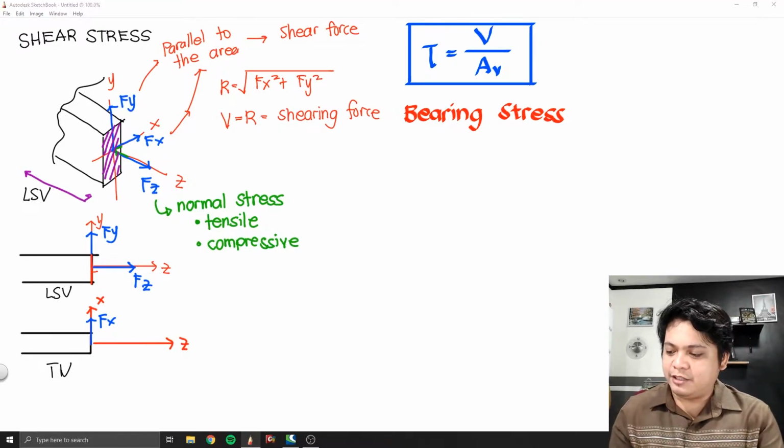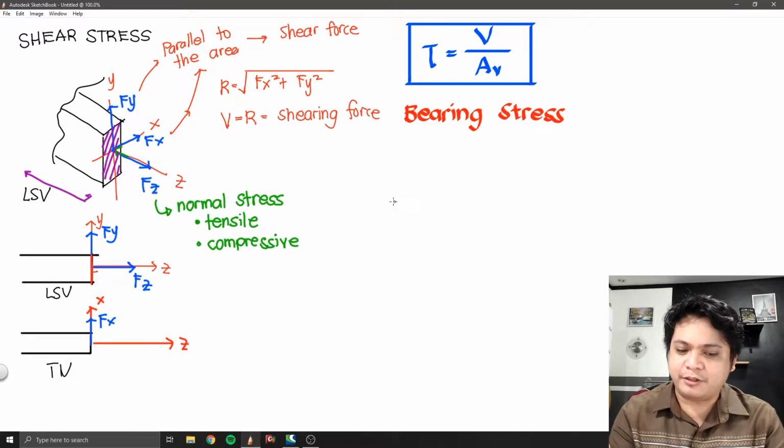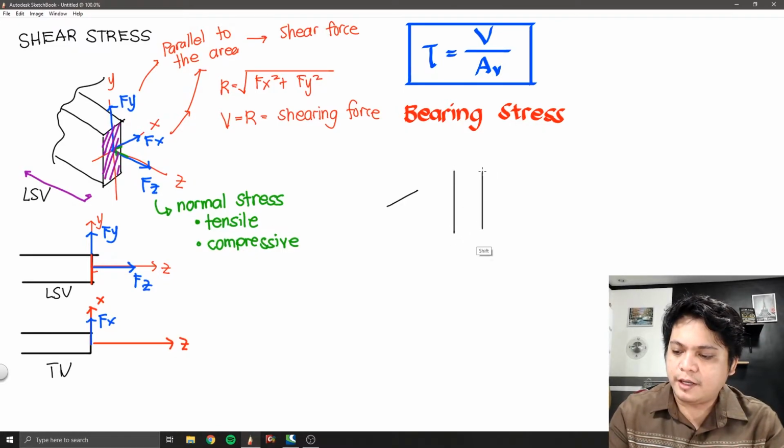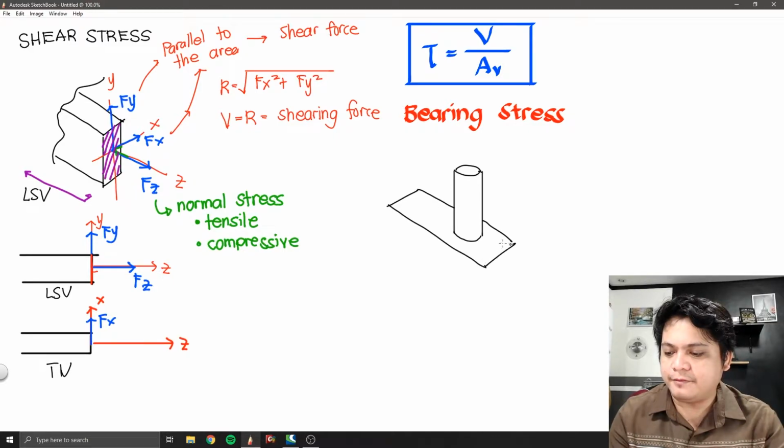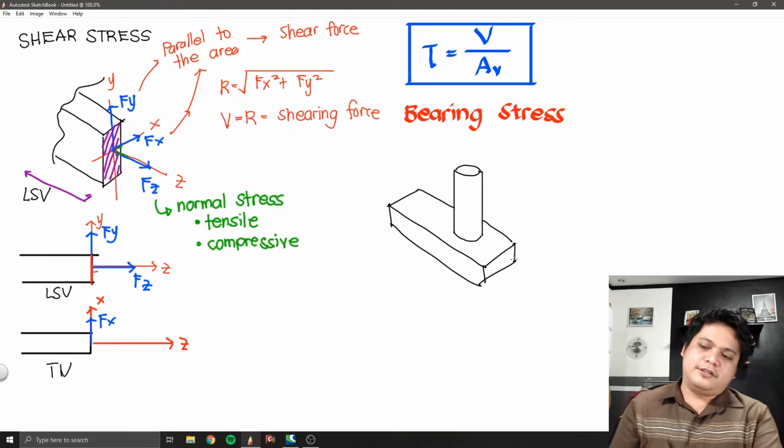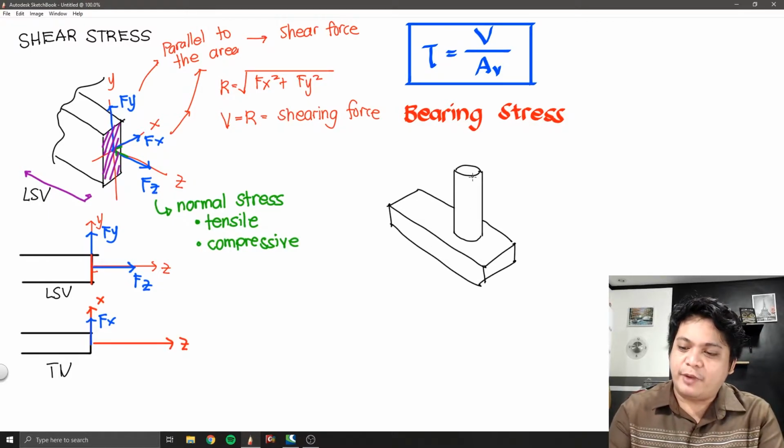So, I'll try to draw it. Okay? Example, ito yung pinaka-part na yon. Ito yung aking, okay? Ayan. So, example, yan. So, meron kang weight.